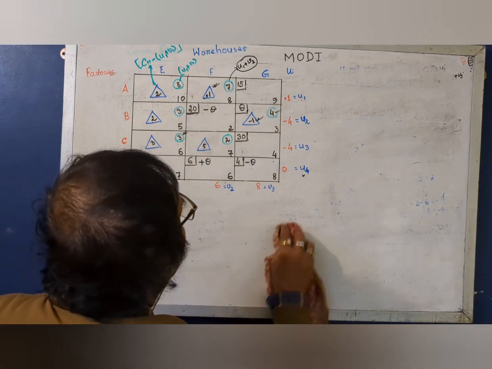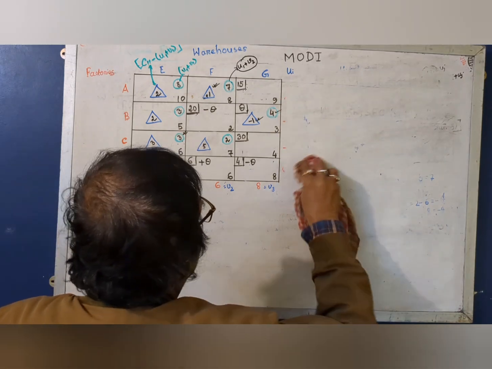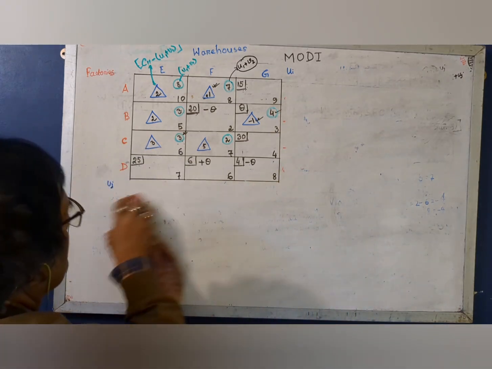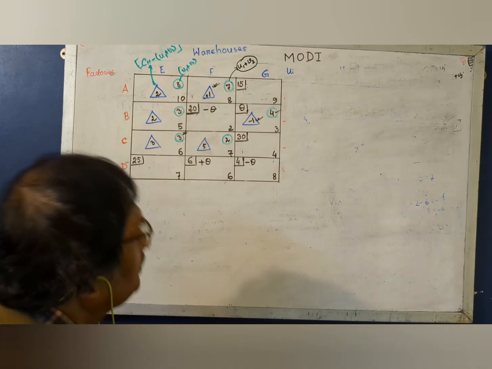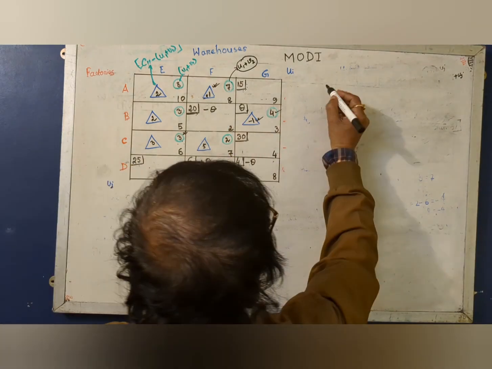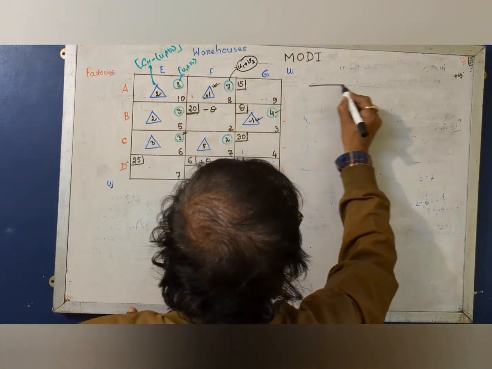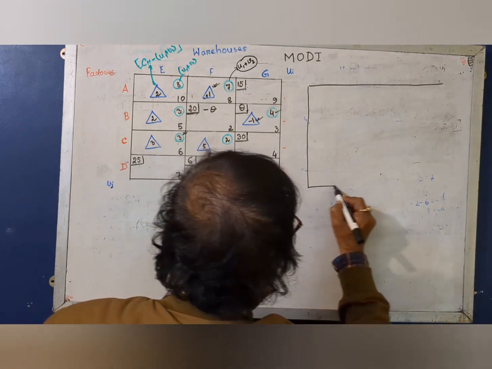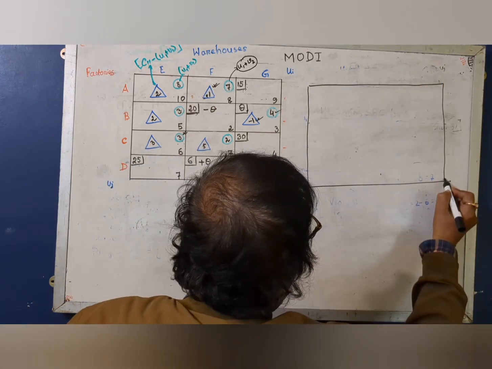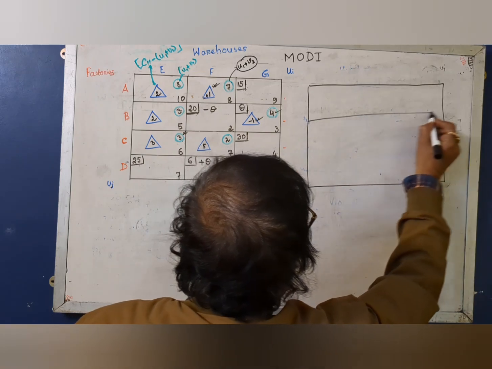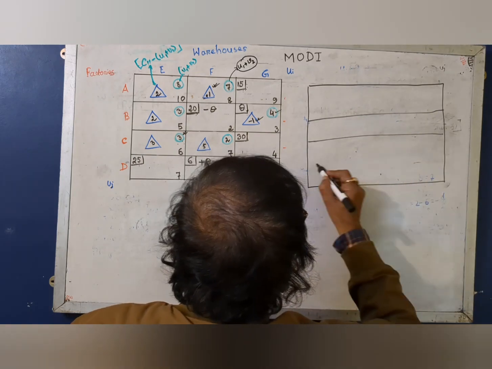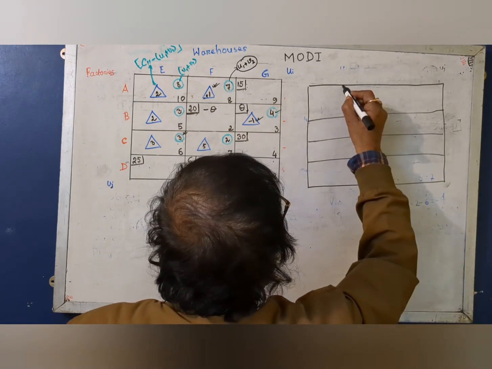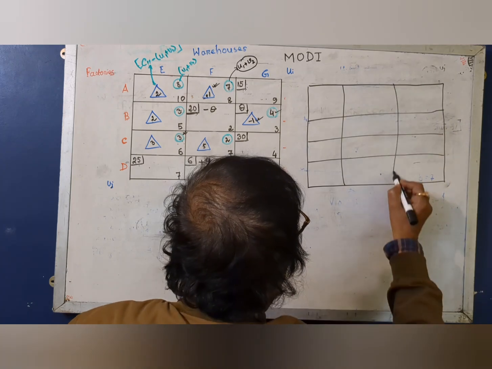Then what will be the new allocations after inserting theta? That I am going to show you. What allocation will be? Now, I am writing here 4 rows and 3 columns. 1, 2, 3 and 4. 1, 2 and 3.